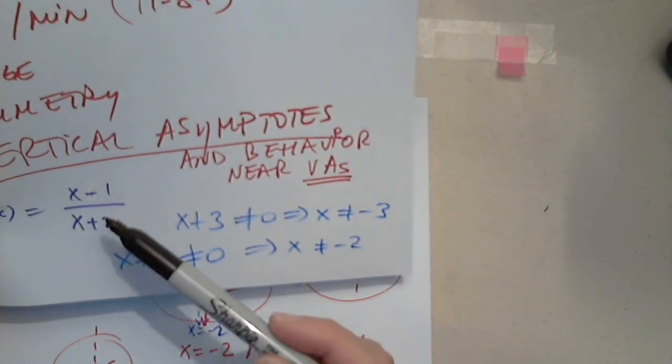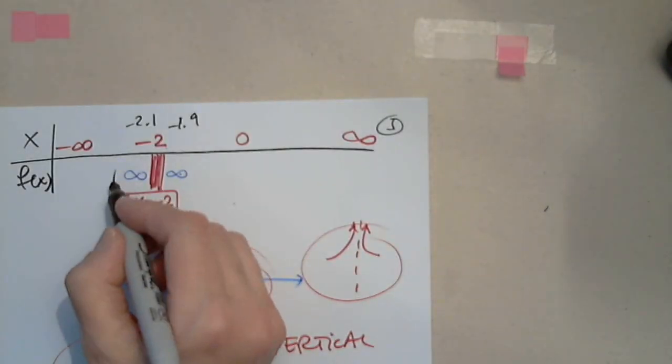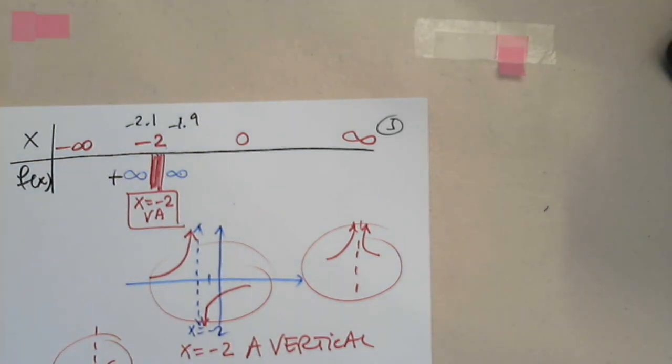Negative. Good. So I had negative over negative. What is the sign of this infinity for sure? Positive. Very good. I know exactly it's going to positive infinity, no doubt.